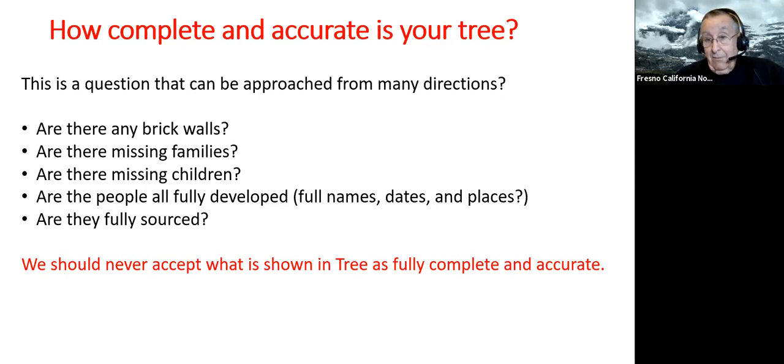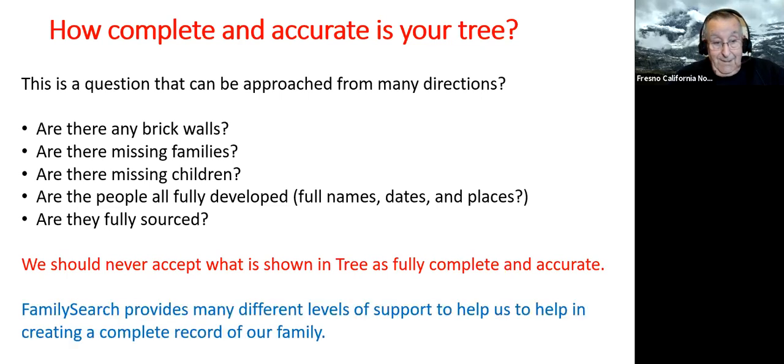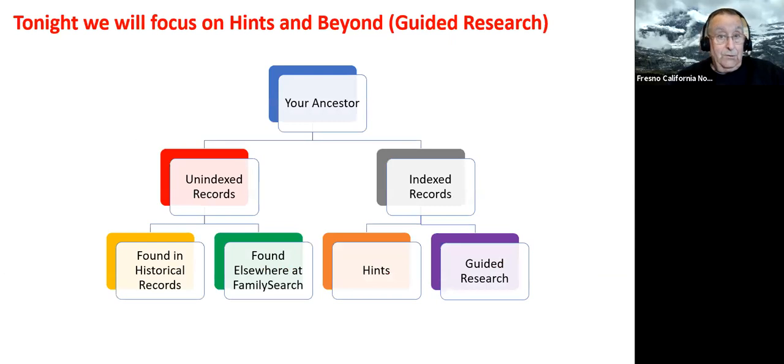Because even though it may have a lot of sources, those sources may not be for the person that is intended. So FamilySearch provides many different levels of support, trying to help us to create this completed record. And we're going to talk about some of those sources tonight, sources of help.